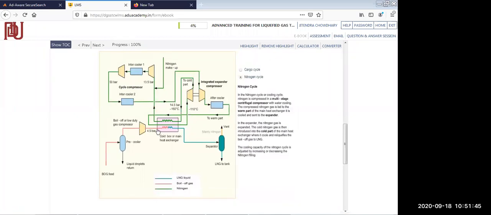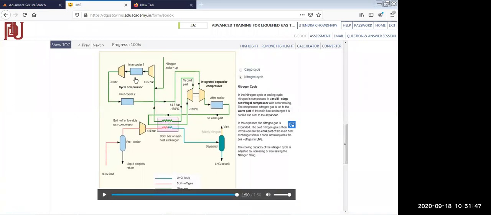If you see the temperatures, here the temperature will be higher because it's passing through seawater. Once it passes through the expander, you can see the nitrogen going is around minus 163 degrees at 14.5 bars.